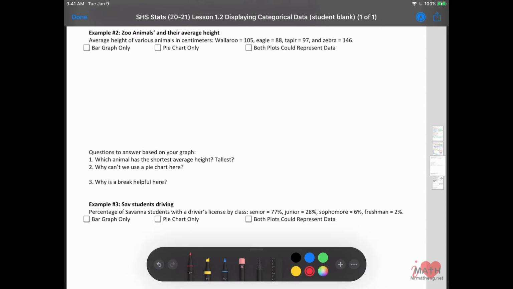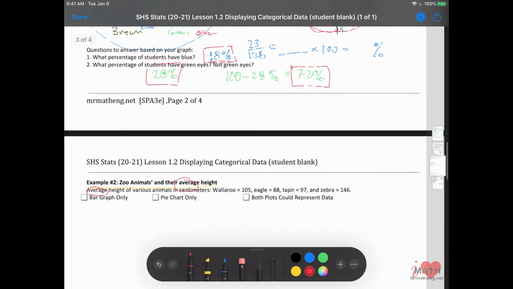All right, hopefully you just finished examples 2 and 3, so let me go over those with you. If you look at example number 2, there's a key word. We haven't talked much about it, but we did talk about it in our notes a little bit. Example, zoo animals and their average height. So the big idea there is average height. If you look back at your notes, they've already given you the average.